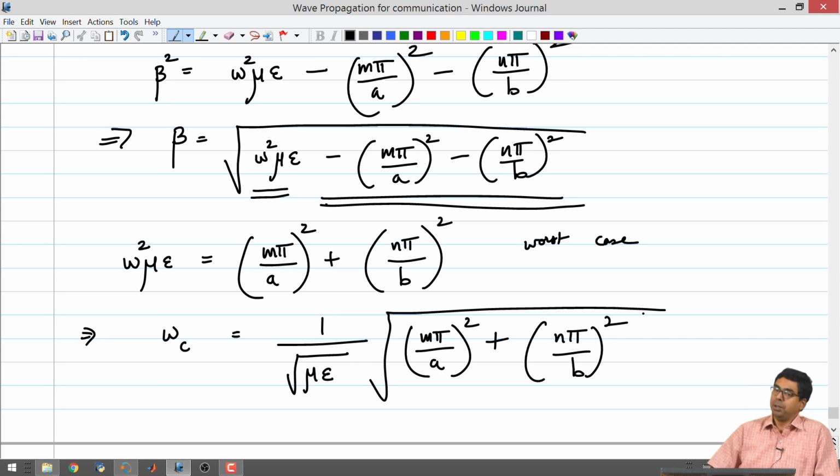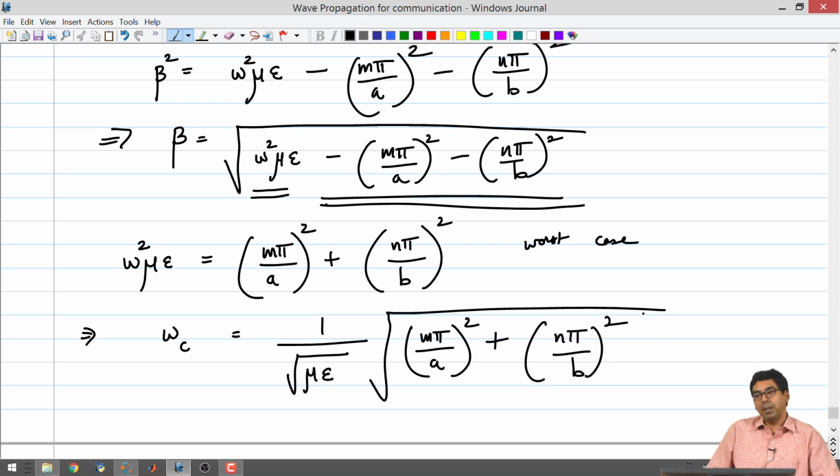Beta becomes equal to 0, you do not have a travelling wave. This forms the ultimate lower bound, and this is the frequency at which beta is equal to 0. That means at frequencies higher than this, beta is going to be a real number. So, you have a travelling wave. You can say that any frequency of your signal higher than this frequency has a real value of propagation constant, beta.